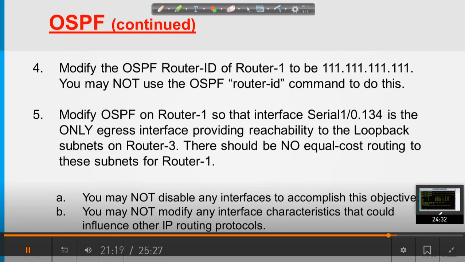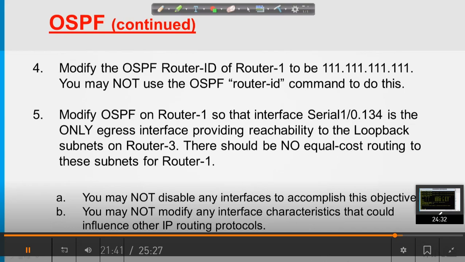There should be no equal cost routing to these subnets for router 1. It says you may not disable any interfaces, you may not modify any interface characteristics that could influence other IP routing protocols. So, my question to you, how would you do this?